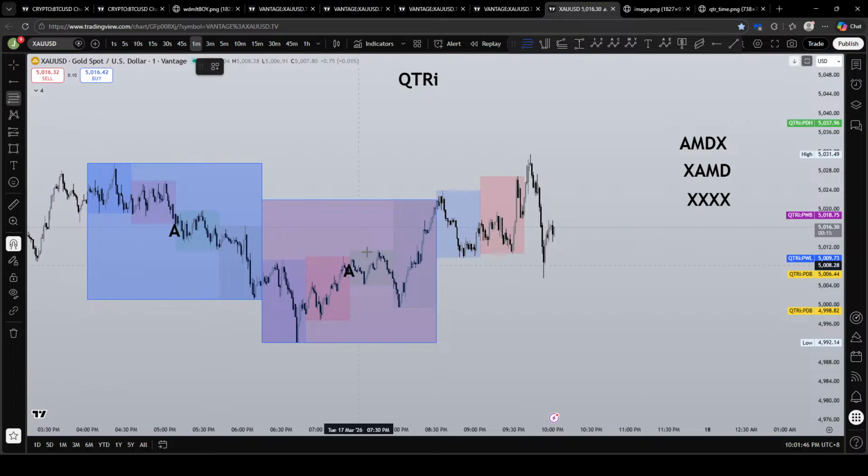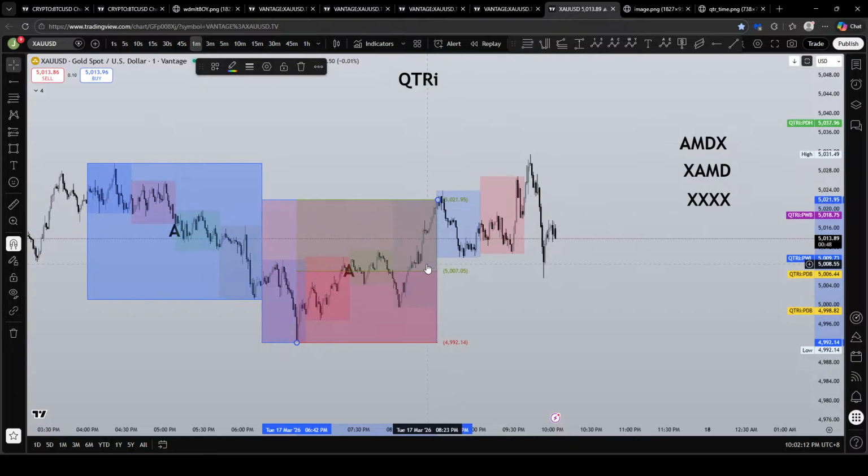If we apply the same idea, just like what I have said, move the quarter PDRA based on the most recent low or high of that quarter. And the most important part is if the price before the closing of that quarter is above the equilibrium, then there's a high probability that the high of that quarter will be taken.